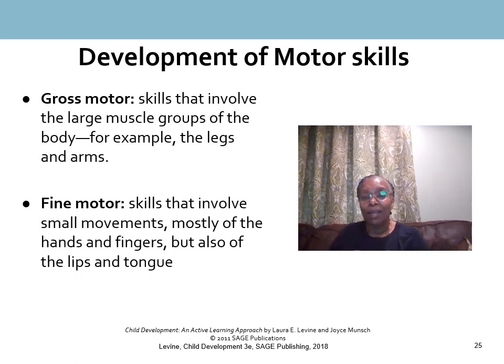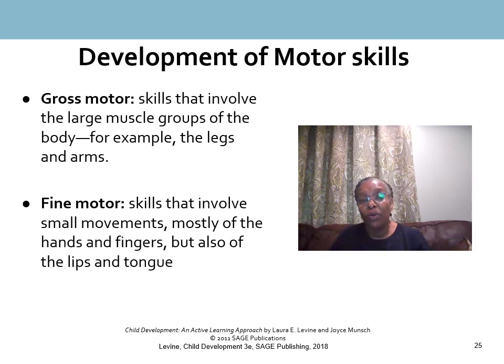A lot of times when someone is not using their tongue and mouth properly when speaking, it's because they haven't gotten that coordination down yet. Sometimes we have to call in a speech pathologist to help with that. But on a normal timeline, that's what that time of development would help with.